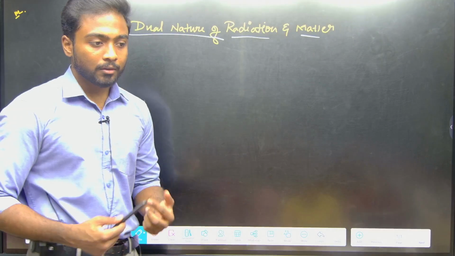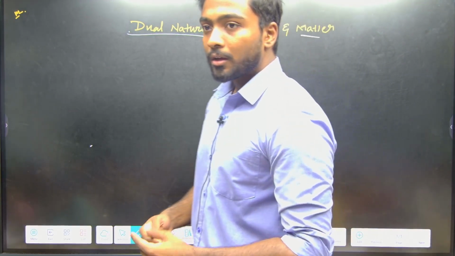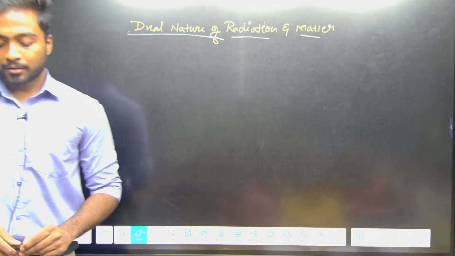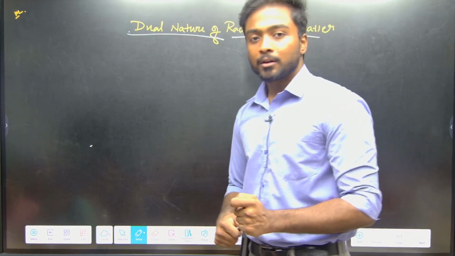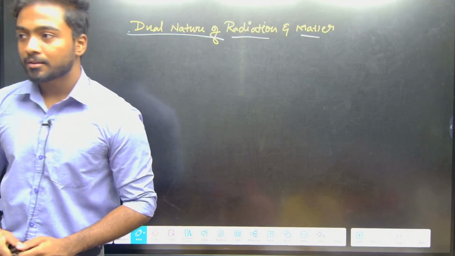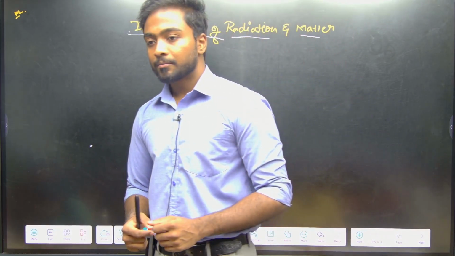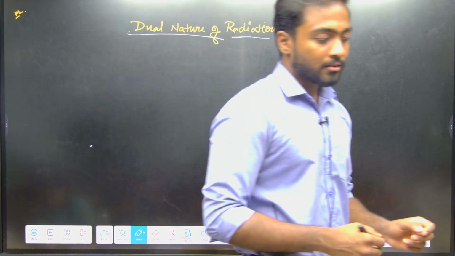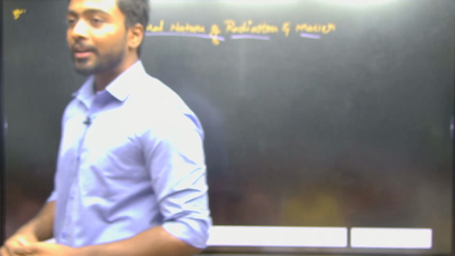When electron comes out, if I want to stop the electron ejecting from the metal surface, then it is called retarding potential.